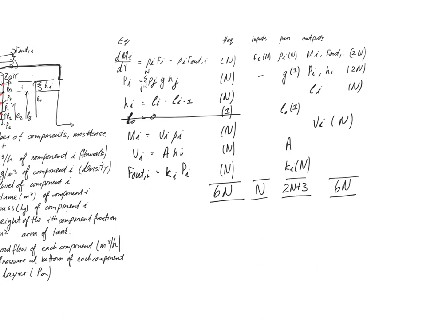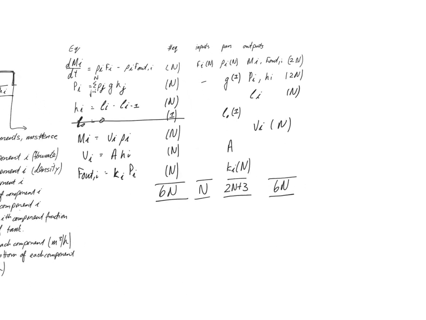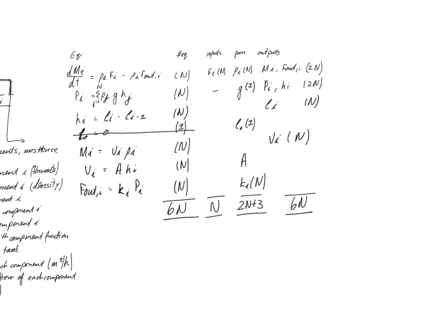Okay, and now the last piece of the question. Okay, so we've got our equations. Now we have to verify that the simulation problem is correctly specified. What is the simulation problem? The simulation problem is inputs and parameters given and outputs. So outputs must be equal to equations. So let's go to our degrees of freedom analysis, and indeed, yes. Okay, but we have to write that down.